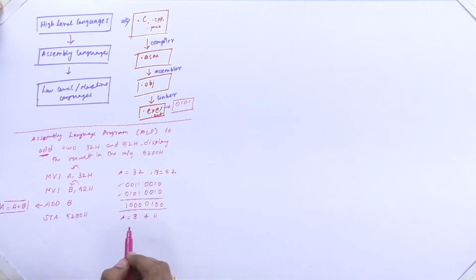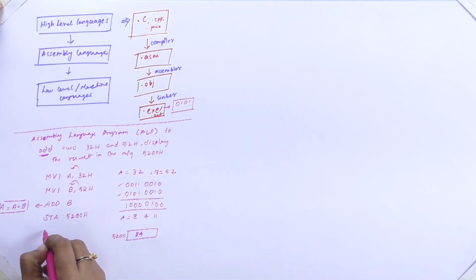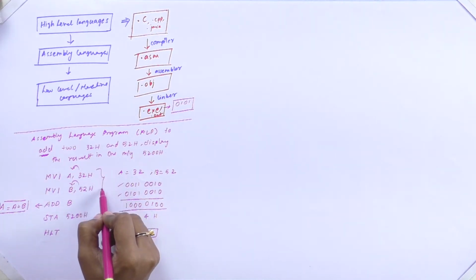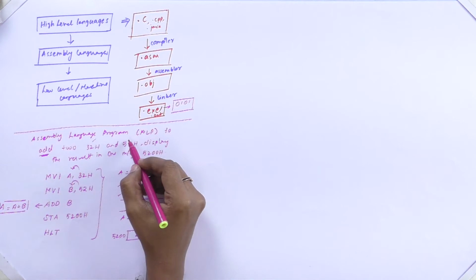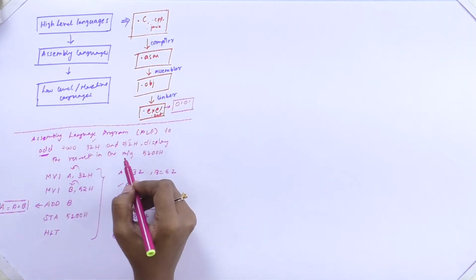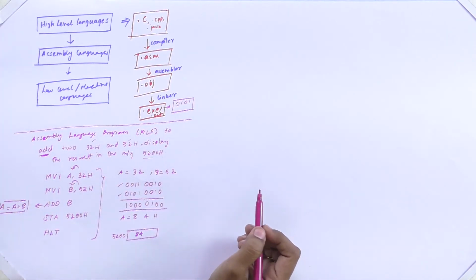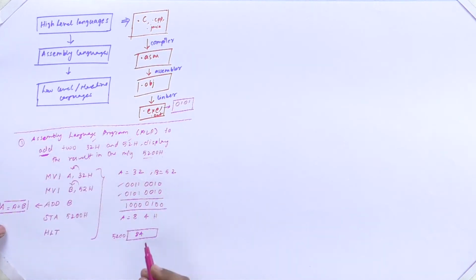It means that the value 84 will be copied to the memory location 5200, which can be displayed to the user. Finally, we have to stop this program. So the last instruction will be HLT, halt. So this is the program to add two immediate data values 52 and 32 and to display the result in the specified memory location. This is the first sample program.